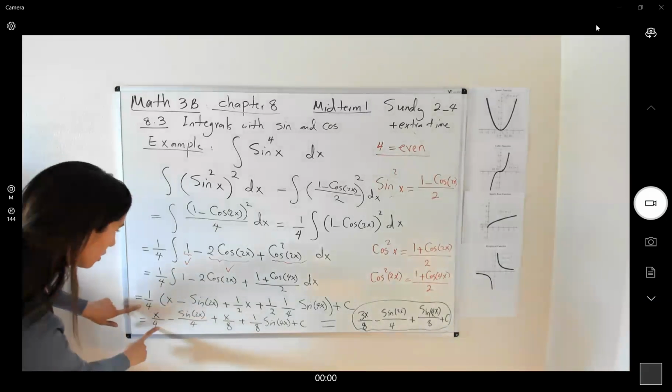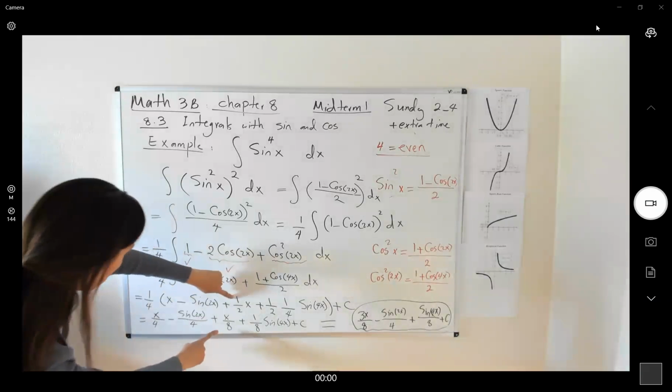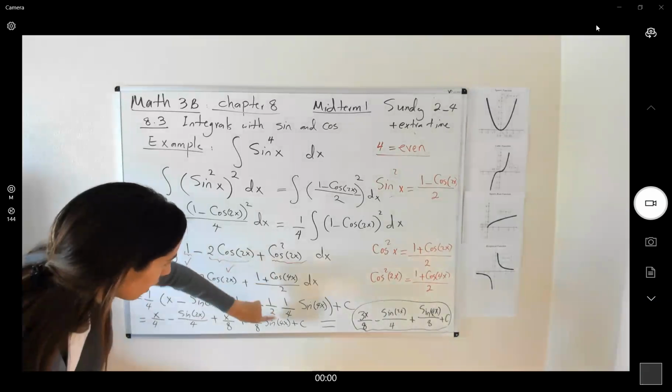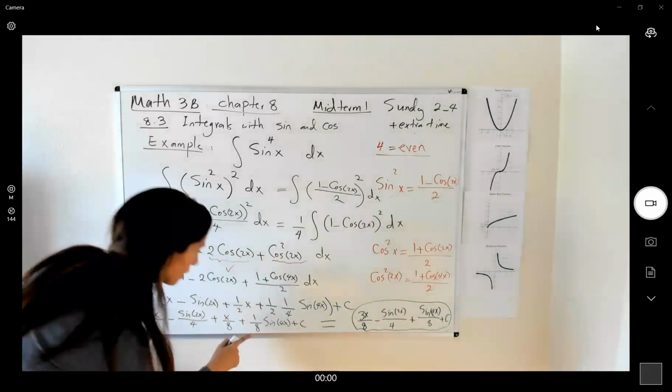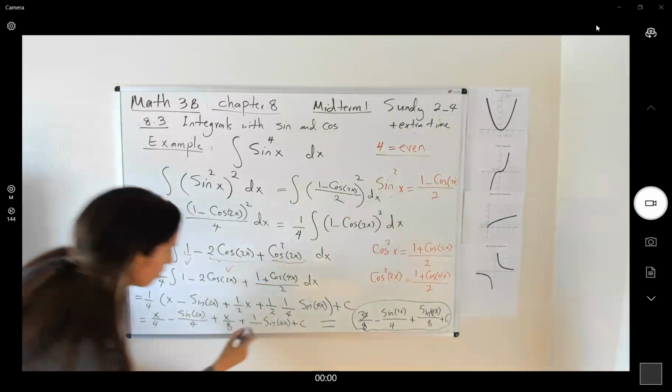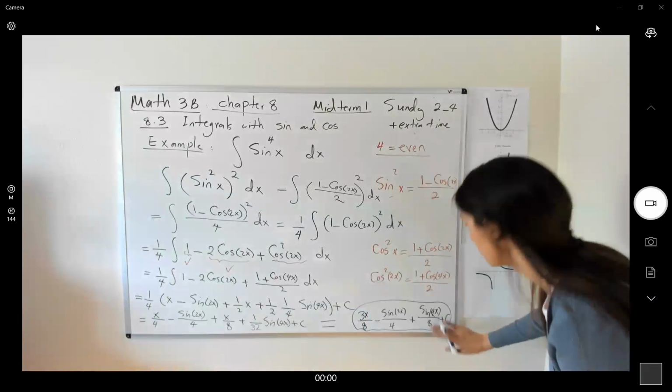So a 4 here, a 4 here, and here 1 over 8, and here I have 2 times 8, 8 times 4, 32. So this is 32. And the denominator is 32.